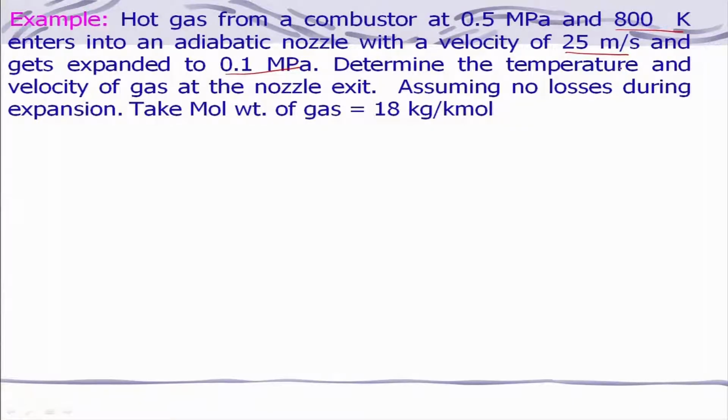Determine the temperature and velocity of the gas at the nozzle exit, assuming no losses during this expansion process. We can take the molecular weight of the gas as 18 kg per kilomole.